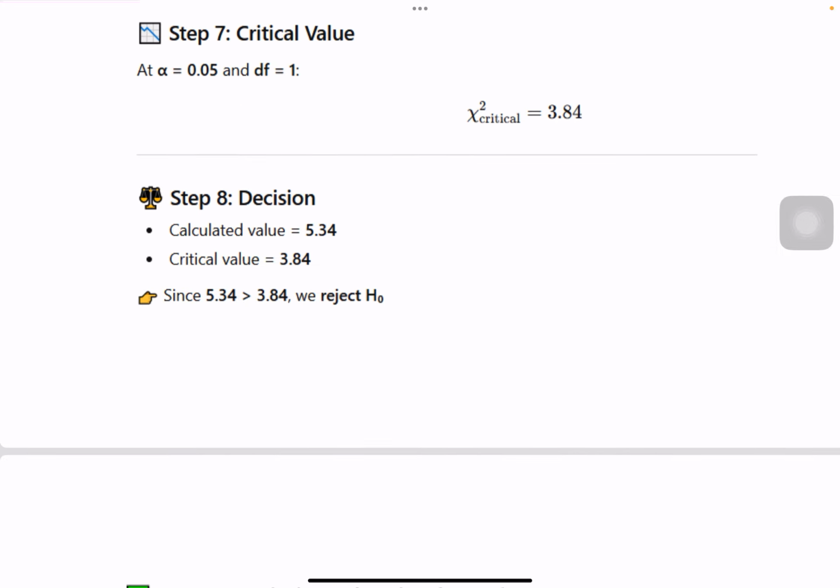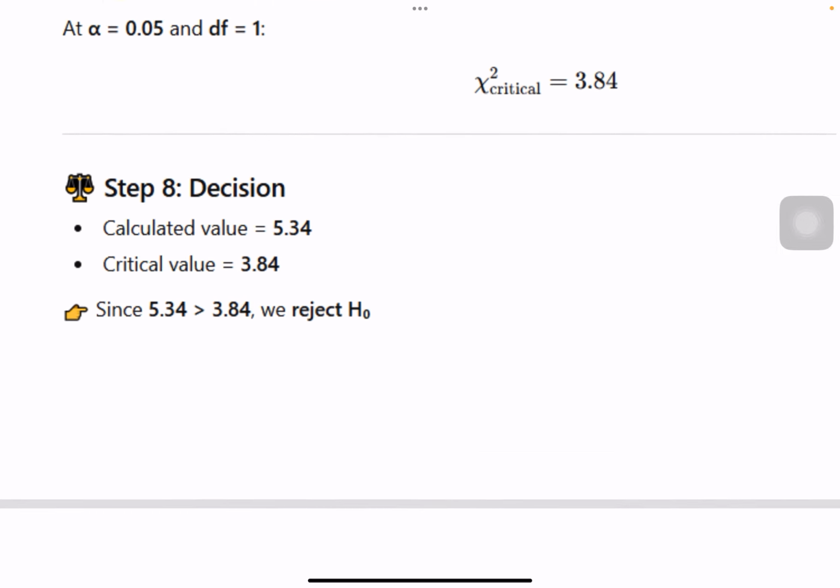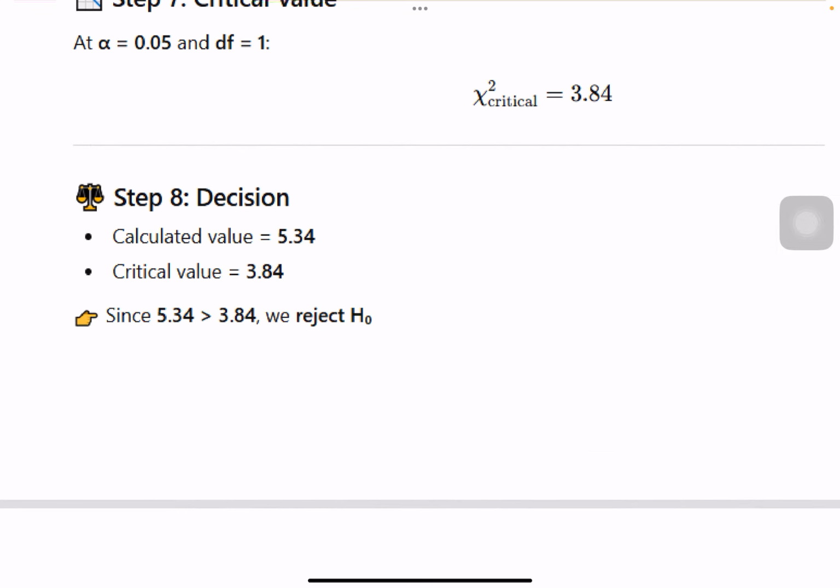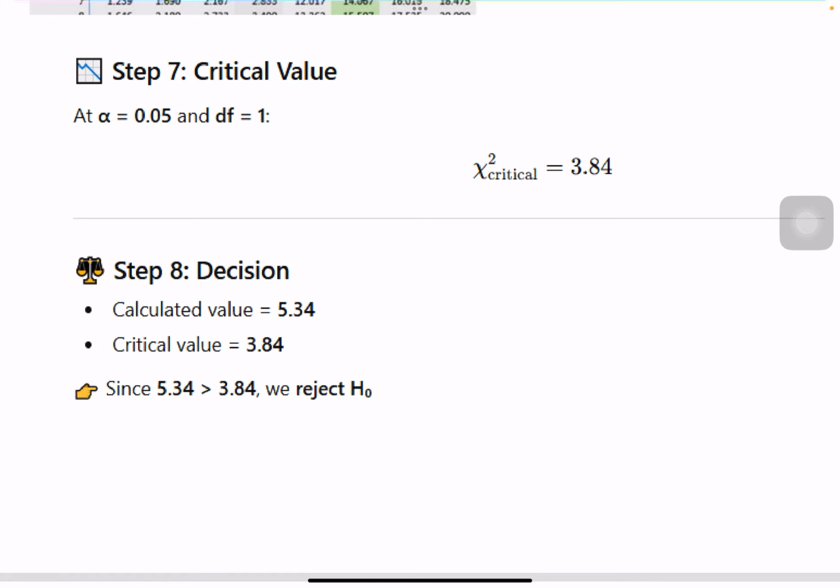Here I have made a little mistake, because when we reject H0, it means there is a relationship. When our calculated value is less than the table value, we fail to reject H0. But in this case, our calculated value is greater than our table value, so we reject H0.